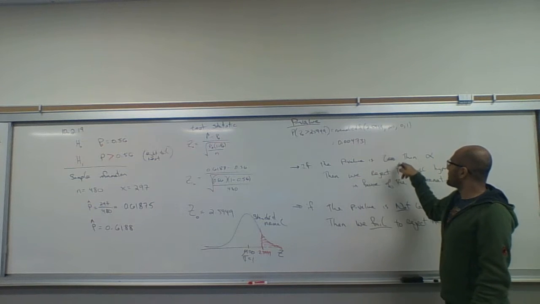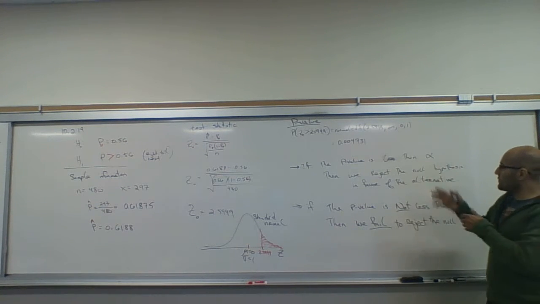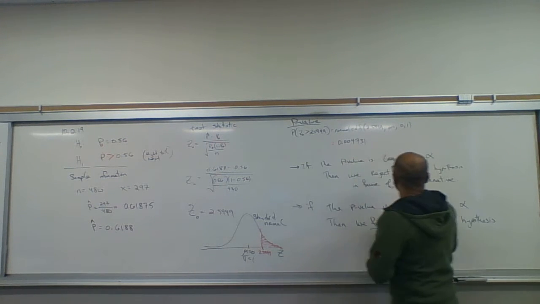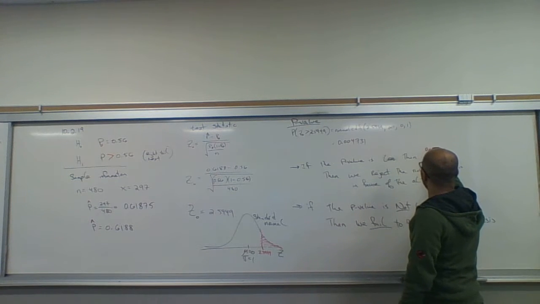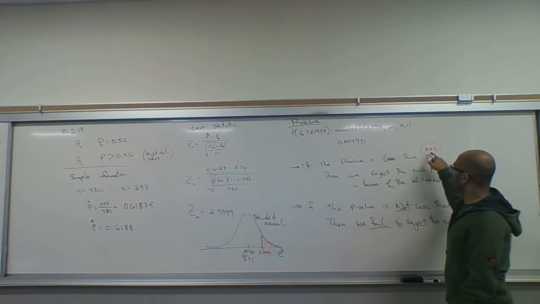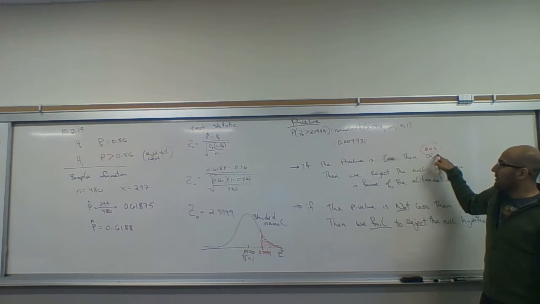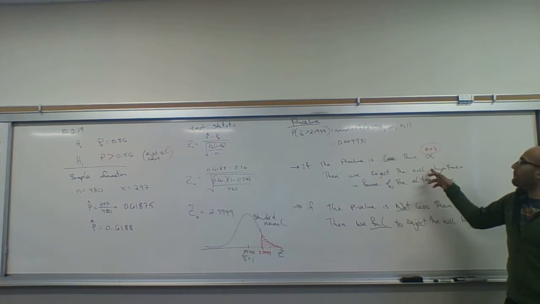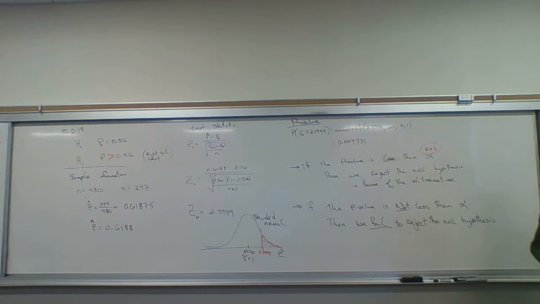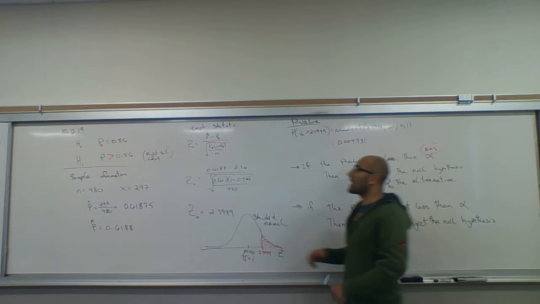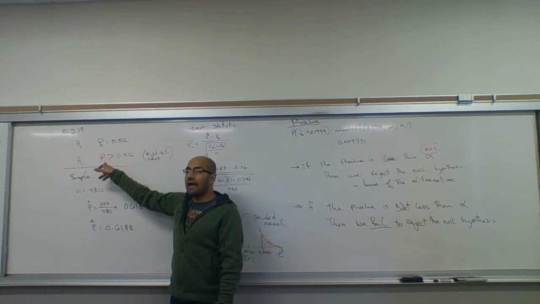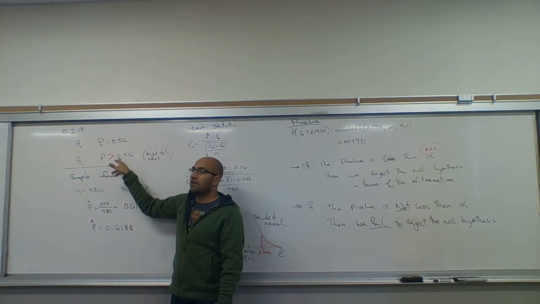If the p-value is less than alpha, for us, alpha was 5%, 0.05. Since this is less than that, then we reject the null hypothesis in favor of the alternative. So we do have enough evidence to statistically support the idea that the proportion today in 2016 is greater than 56%.